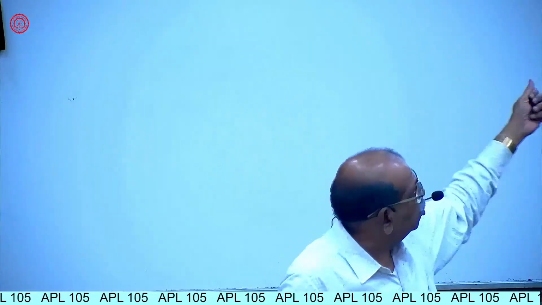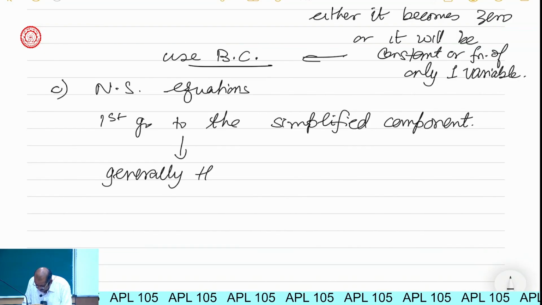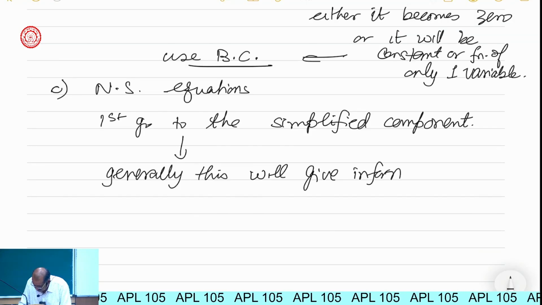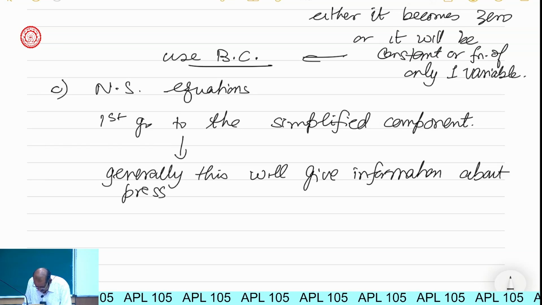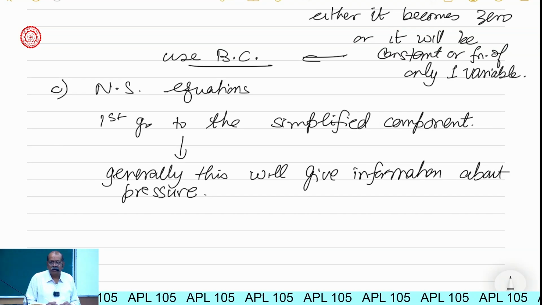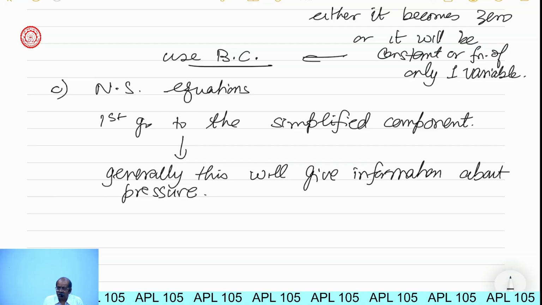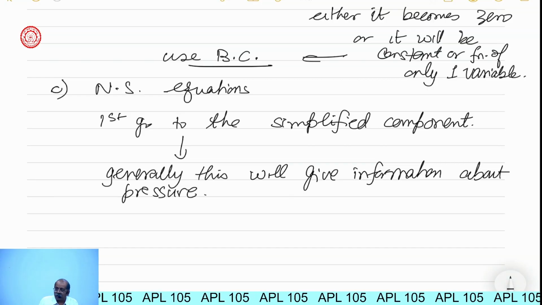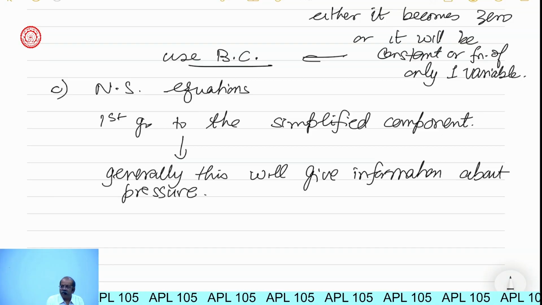So the best thing is to get to the simplified component, and generally this will give information about pressure. Why? Why does this give you information about pressure? Because velocity is already known. Of course, there are many more terms. Sometimes things may not exactly split, but this will generally give you the information about pressure.